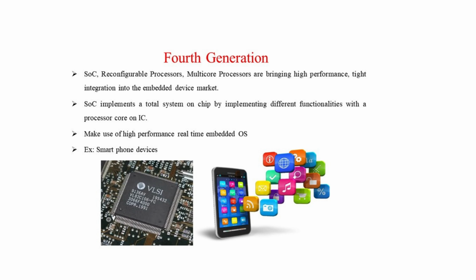It makes use of a high performance real-time embedded operating system. So if you want to build a 4th generation embedded system device, then you have to use the real-time embedded operating system itself. Even though it is a little difficult to use, we have to use that. Examples of smartphones are depicted in the figure there.